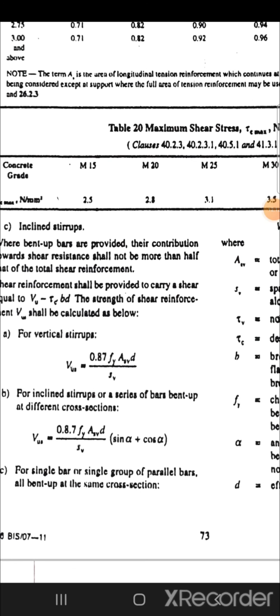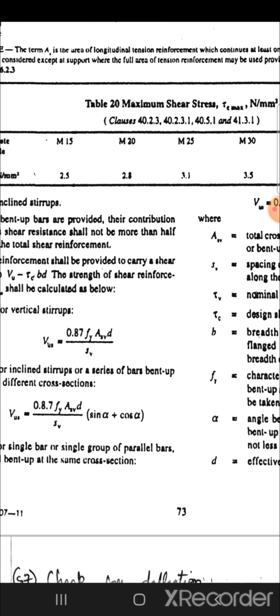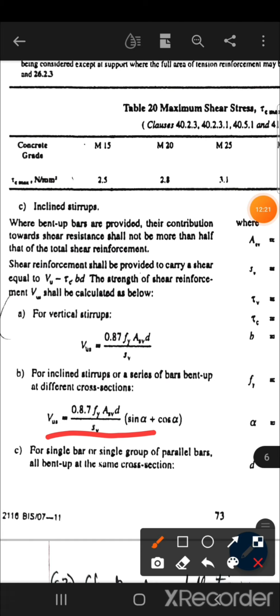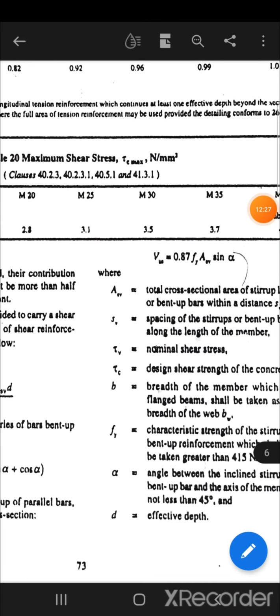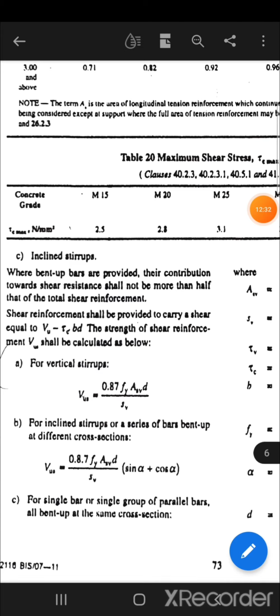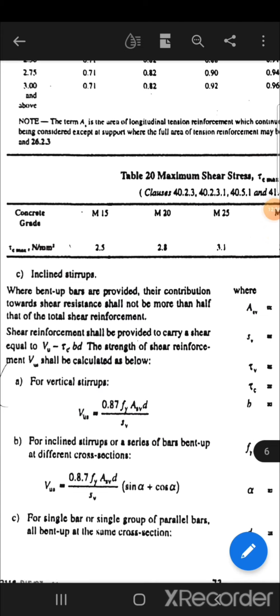If they have given inclined stirrups, the formula changes, that is given down. For a single bar or single group of parallel bars, the formula also changes. Here it is. So for ordinary cases we must always calculate with vertical stirrups.